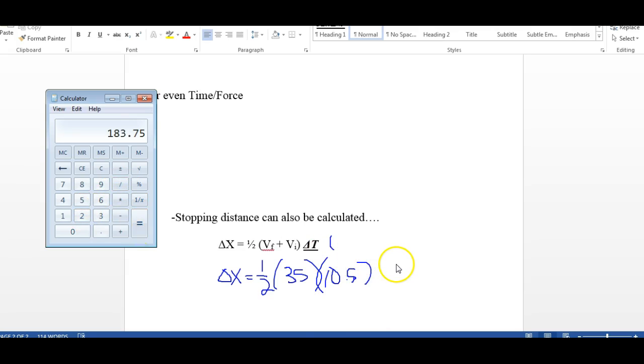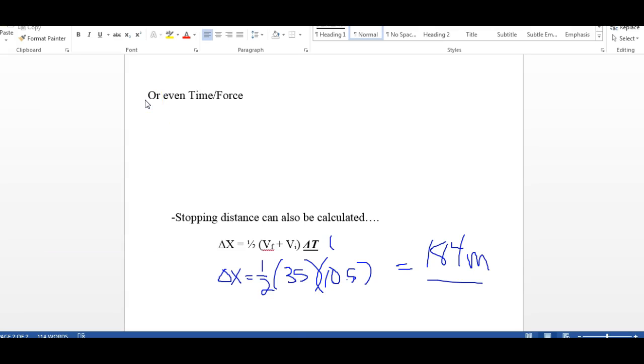It'd be 183 meters, or about 184 meters. So in this car, if you apply that force and you go from 35 to 0, it's going to take 184 meters to do it. That's the 3 examples. Let me know if you have any questions, and you can go ahead and do practice A and B if you want.